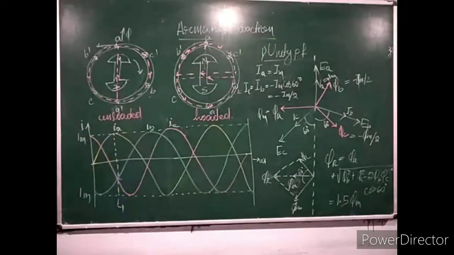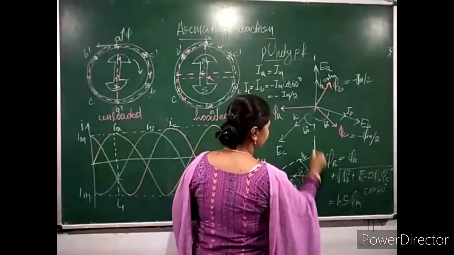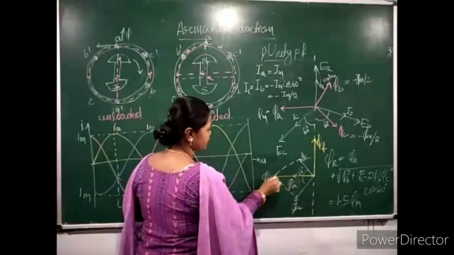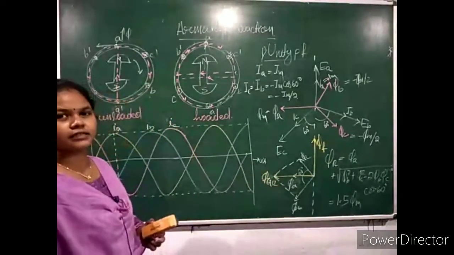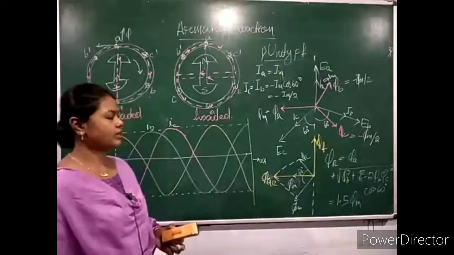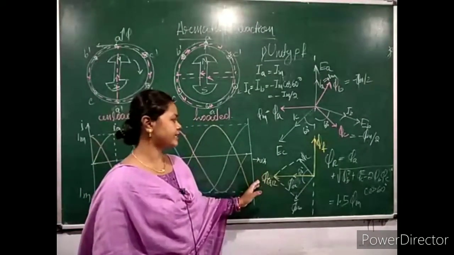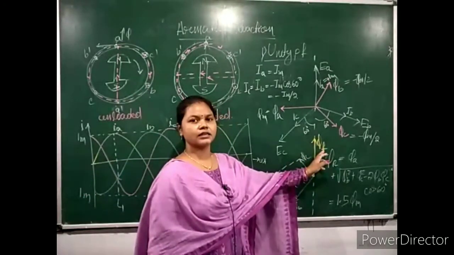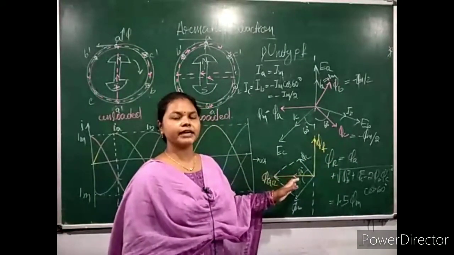In this study, we are very clear that this is the main field flux and this one is the armature resultant flux. So here we see in unity power factor load, the armature resulting flux is in quadrature with the field flux, and this type of effect is called the cross magnetizing effect.